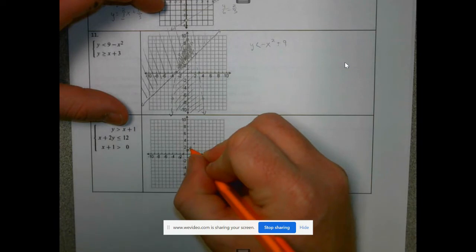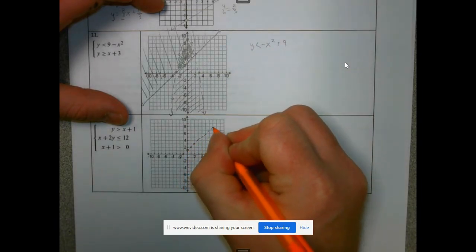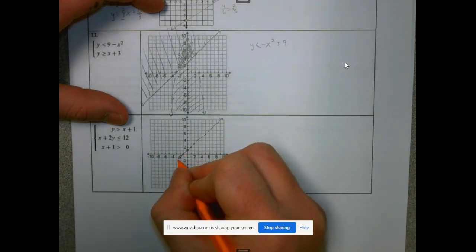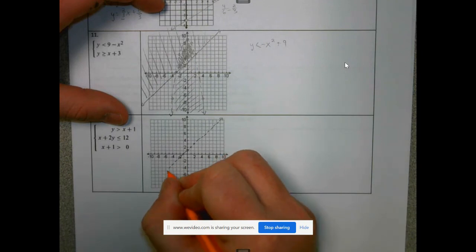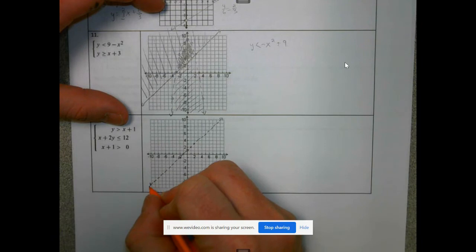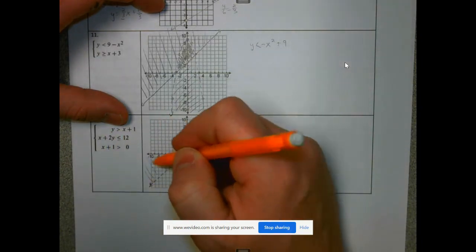And you can just do a hashed line there. Make sure you're careful and you stay with the slope. And you want y values bigger than that line, so we're going to shade above.